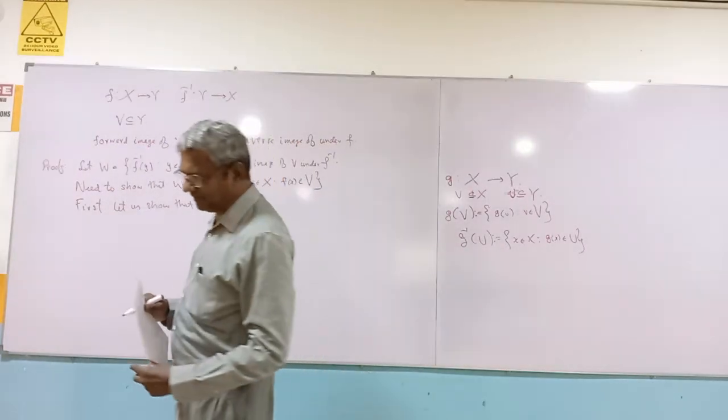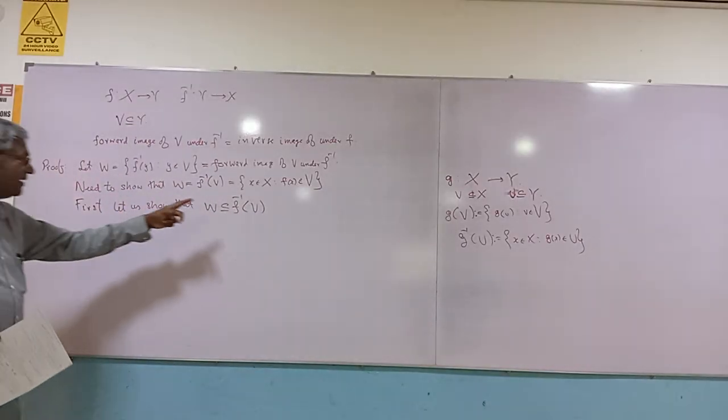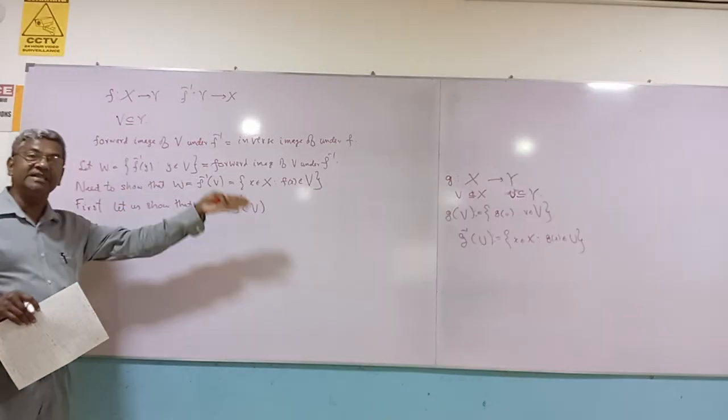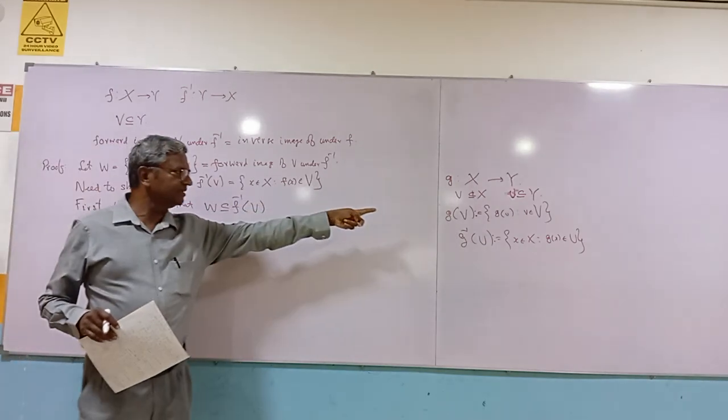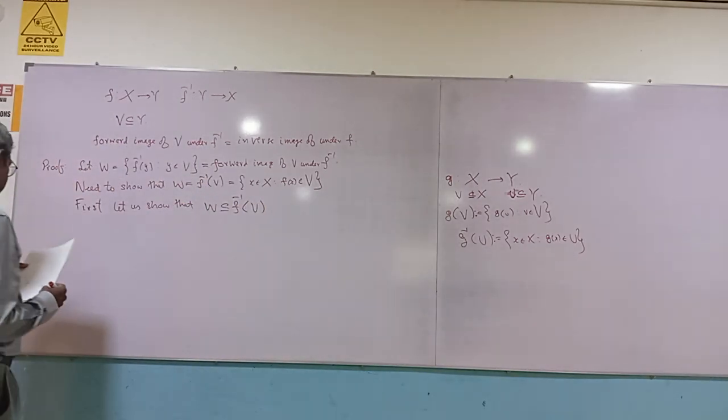If f is of course one to one and onto, a bijection, then this f inverse V has another meaning coming from the first one. You follow that? Okay, so we want to show this thing.